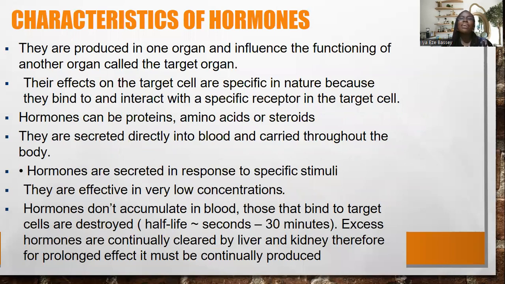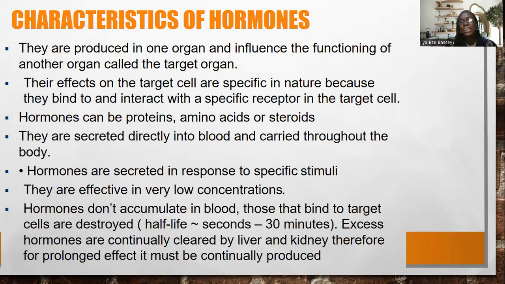So what are the characteristics of these hormones? First of all, you should know that they are produced in one organ and they influence the functioning of another organ called the target organ. These organs can be far away, they can be nearby cells, they can even be the cell itself, all right?